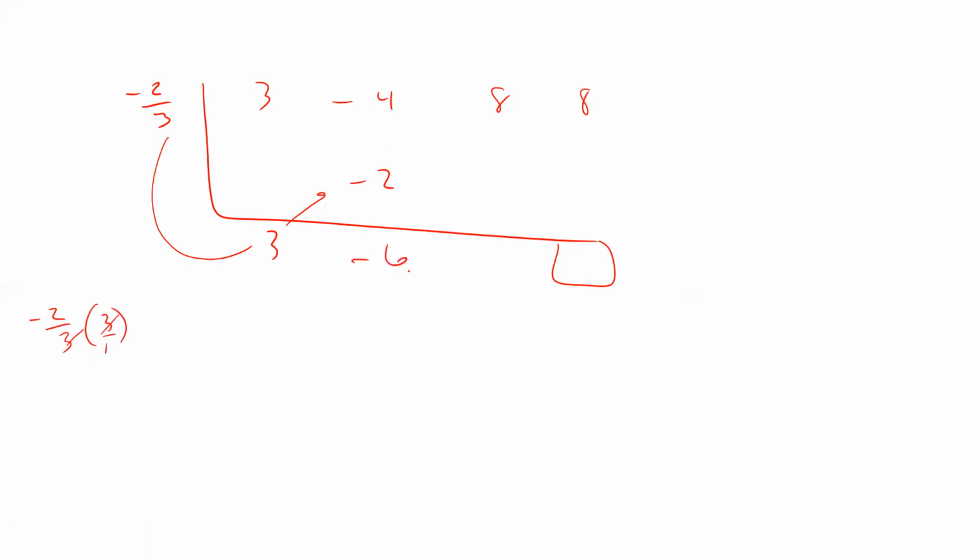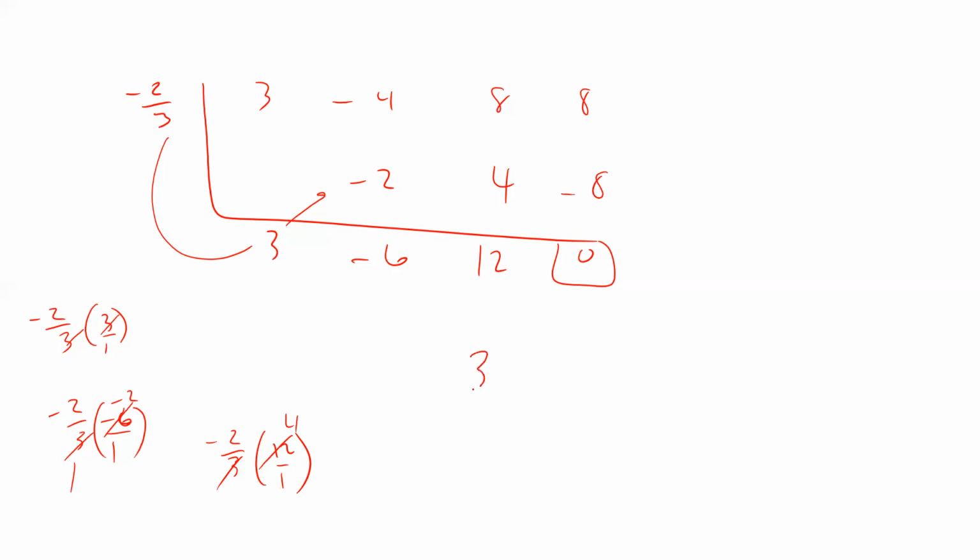That's -6. -2/3 times -6 is 4. Yeah, 4 goes up. And -2/3 times 4. Oh, 12, sorry, 12 comes down. That's gonna be 4, which is -8, which is 0. Cool. Our remainder, or our polynomial that's left over, 3x² - 6x.